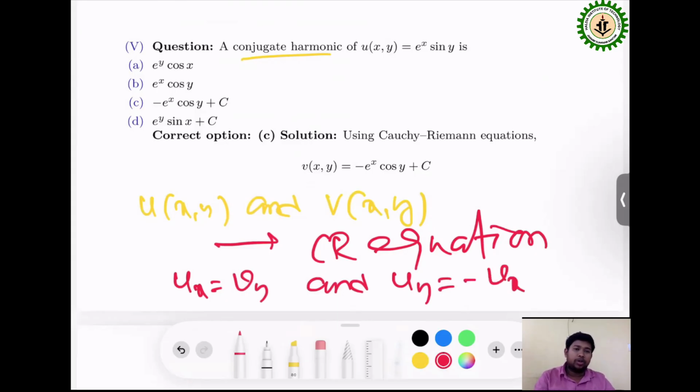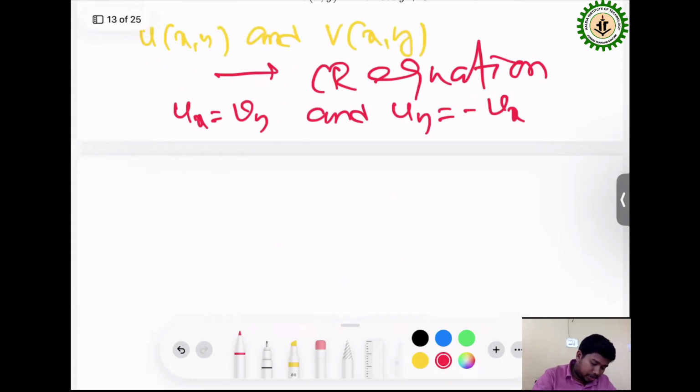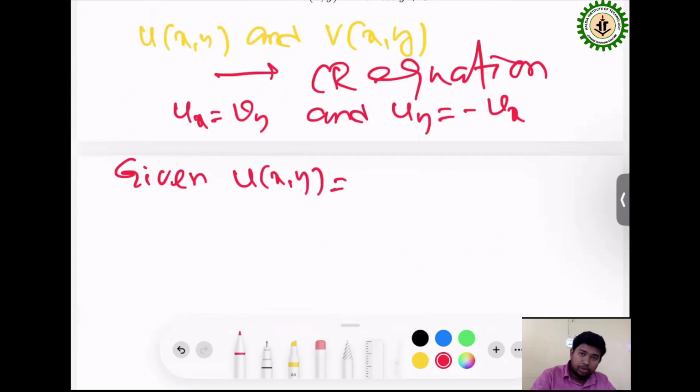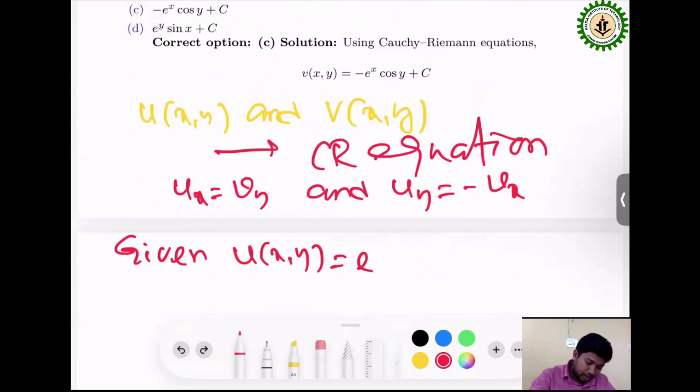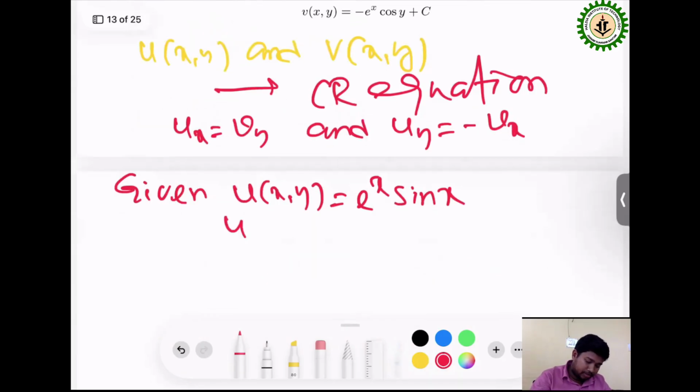Now we calculate the conjugate harmonic function when u is given as e to the power x sin y. Now we calculate the ux.